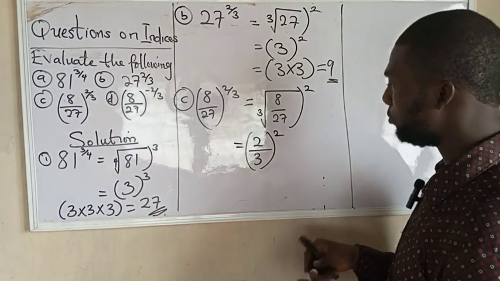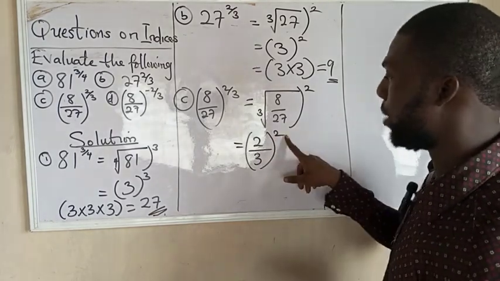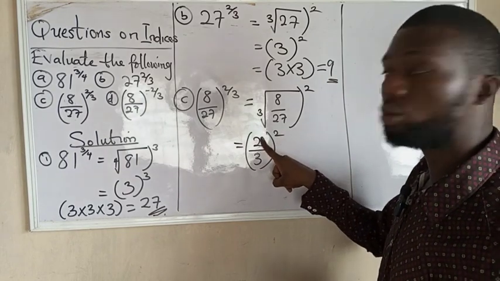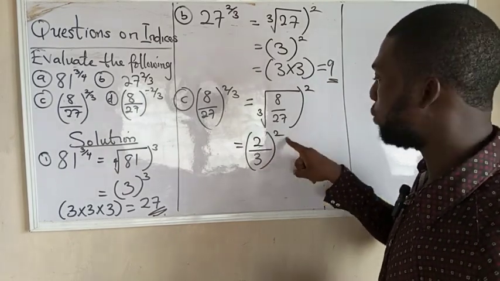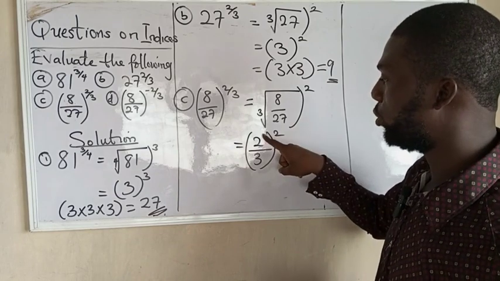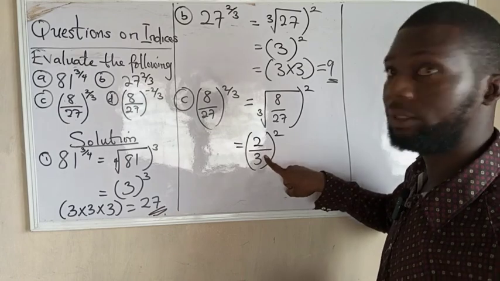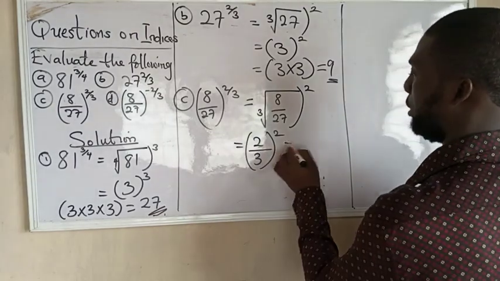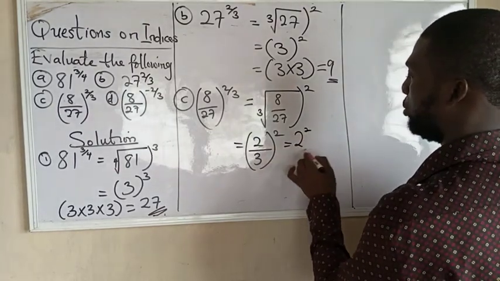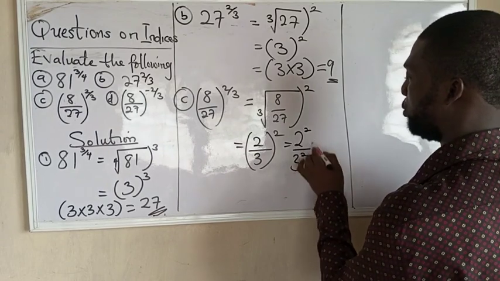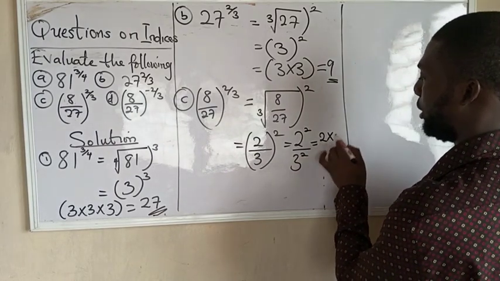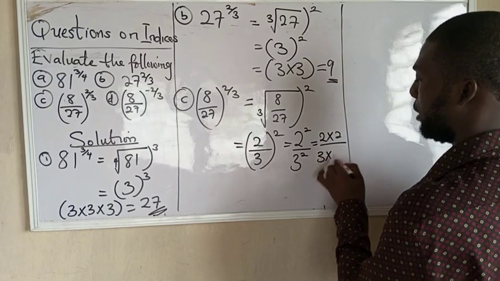Now, let's not forget that the power 2 covers 2 and 3. It means that when I distribute this 2, it's going to be distributed to 2 and 3. So it's something as saying 2 raised to power 2 over 3 raised to power 2, which is equal to 2 times 2 over 3 times 3.